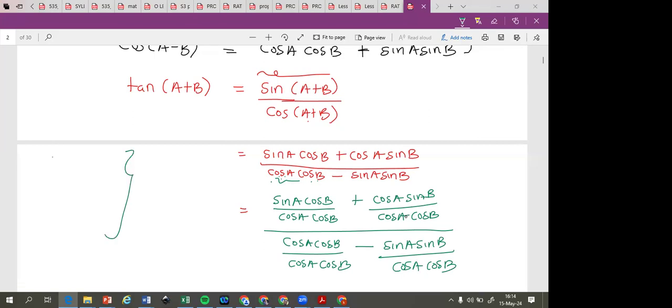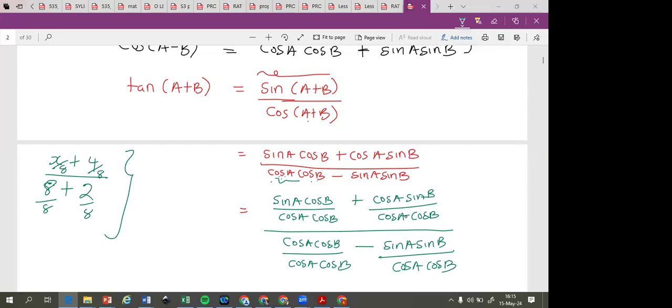Let me say I have x plus 4 out of maybe 8 plus maybe 2. In case you want to remove this 8, you can divide every number of the expression by 8. So this is what we are doing.